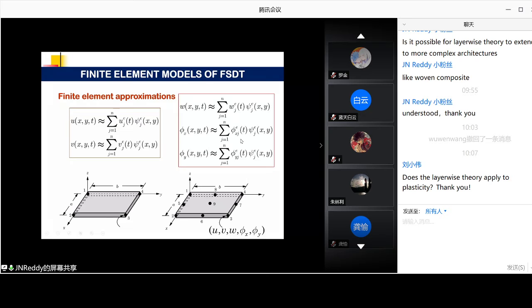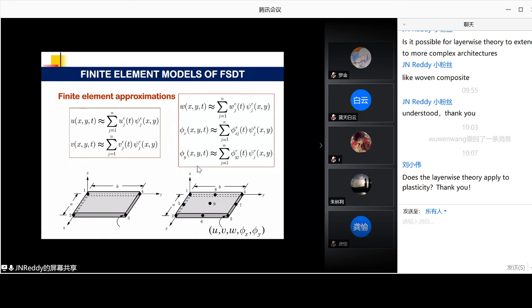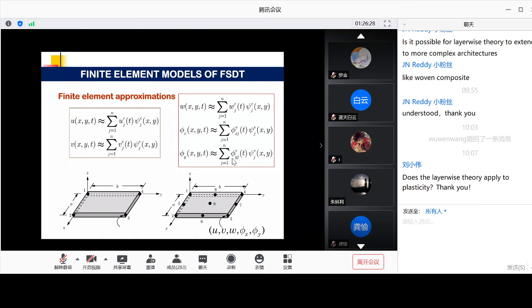Now let's look at the approximation. So you remember we have 5 unknowns, U, V, W, Px, Py. In commercial codes, you will also have the 6th degree of freedom, which is phi z, meaning rotation about the z-axis. But that is not part of the theory.